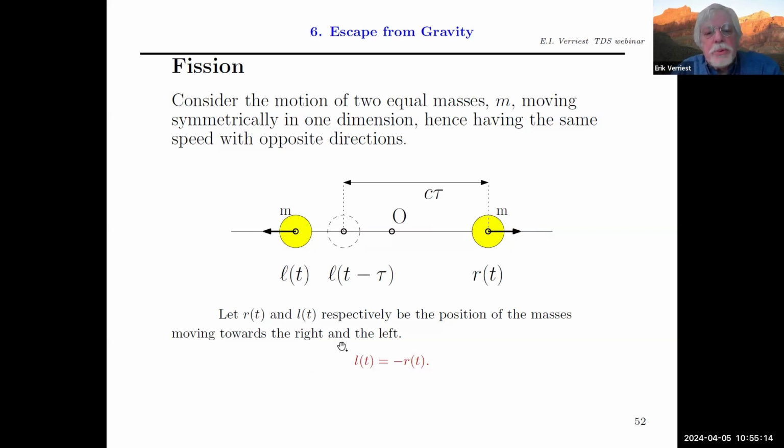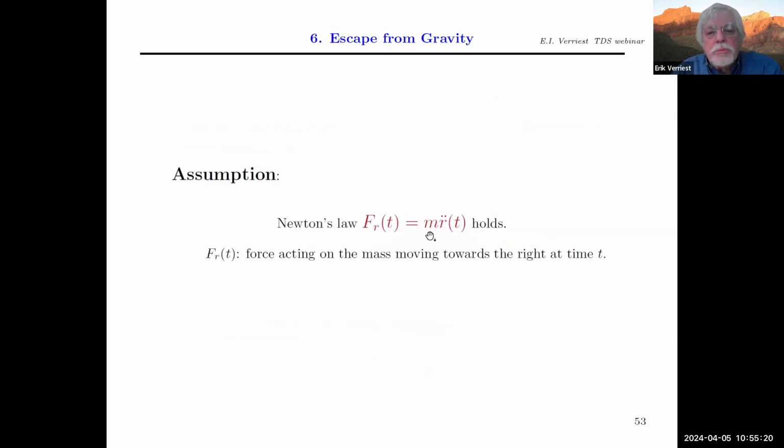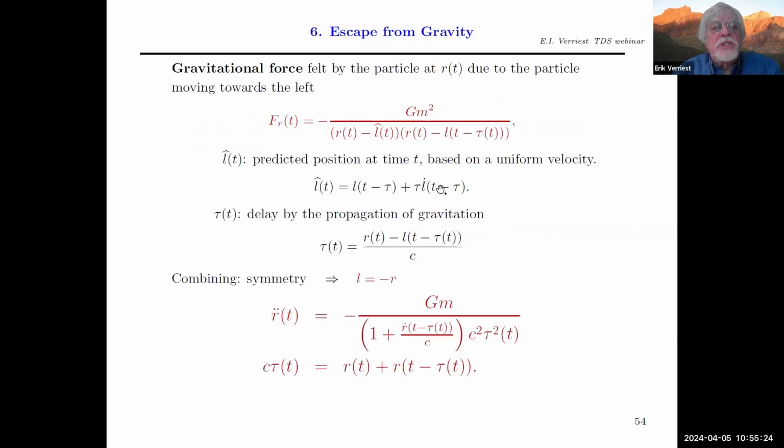Now, in this case, when you have equal masses, we have symmetry between L and R. And I assume that Newton's law of forces, mass times acceleration, still holds. Then, applying the formula that I have derived in terms of the predicted position, we get this.